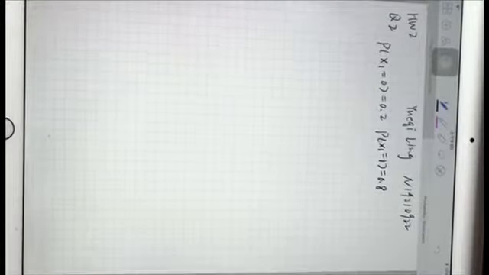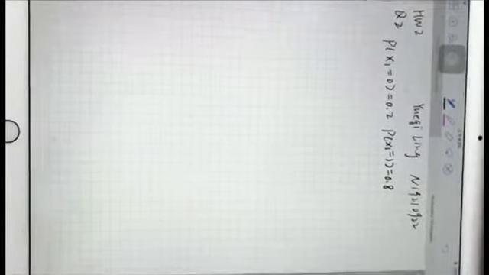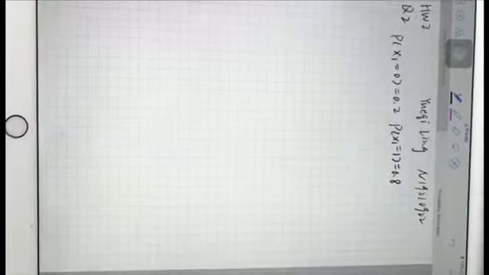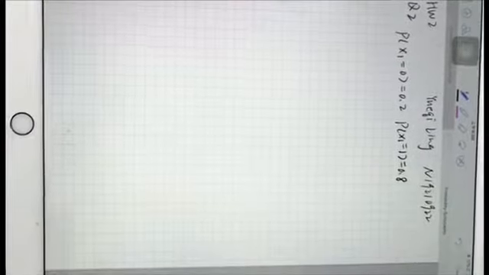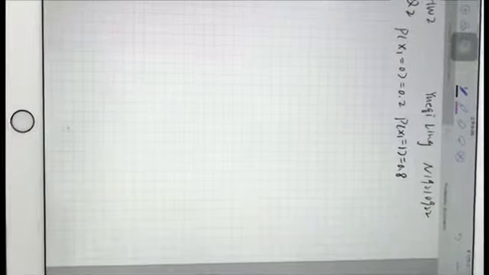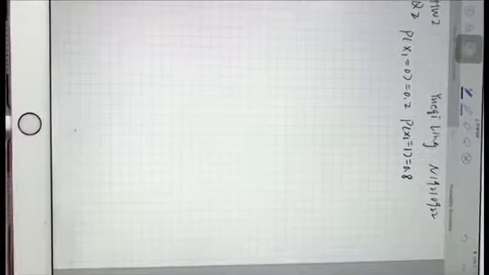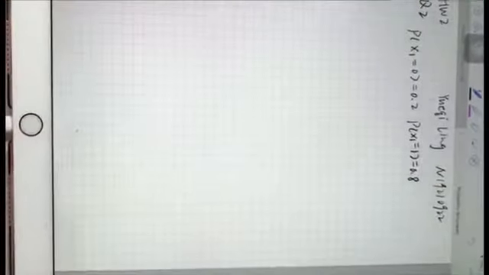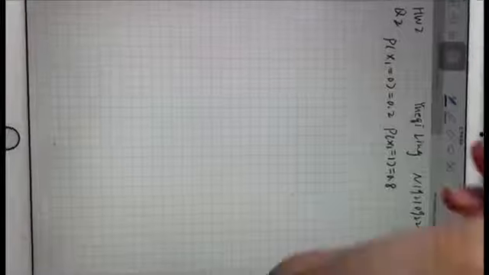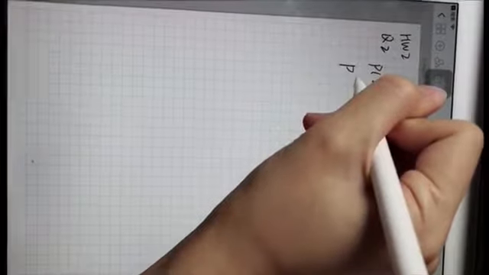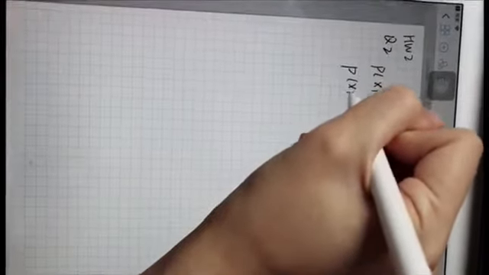And also in the condition, we know the conditional probability between xk plus 1 and xk, so we can get the conditional probability matrix.